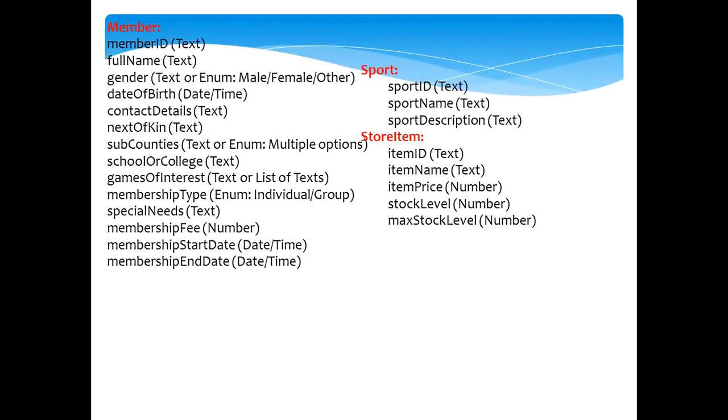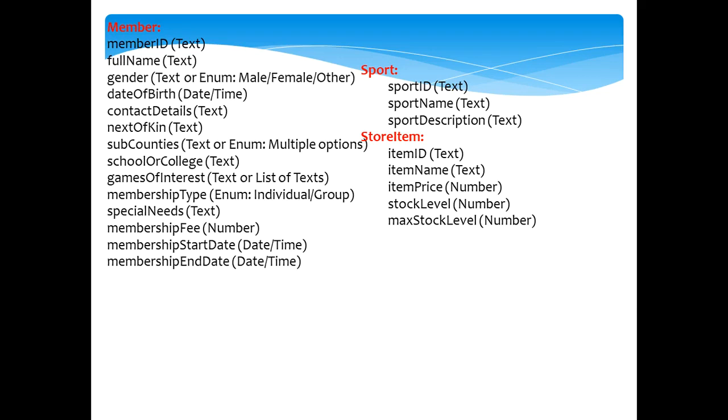Now I want to group variables. For example, member. Member has a member ID, member has a full name, member has gender. So all these variables, all these attributes or field names that point to member, are the variables that will hold data about the member. The sport has sport ID, sport name, sport description.